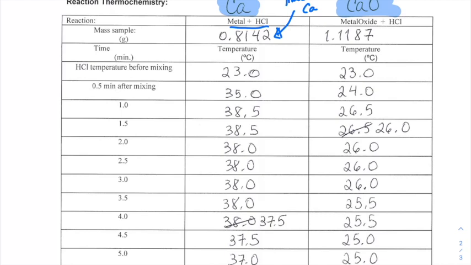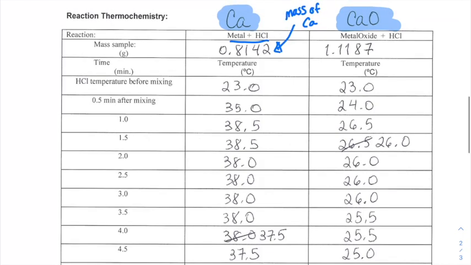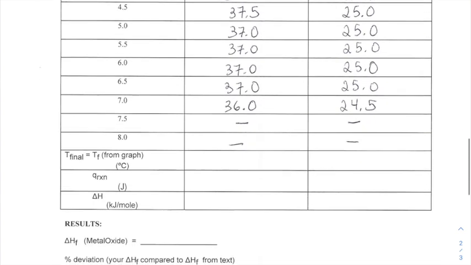It is a reaction of your metal with HCl, but the mass is only the mass of the metal. And over here, this is the mass of calcium oxide only, even though it says metal oxide plus HCl above. That's just telling you the chemical reaction going on. And again, you're going to be measuring temperatures through here.